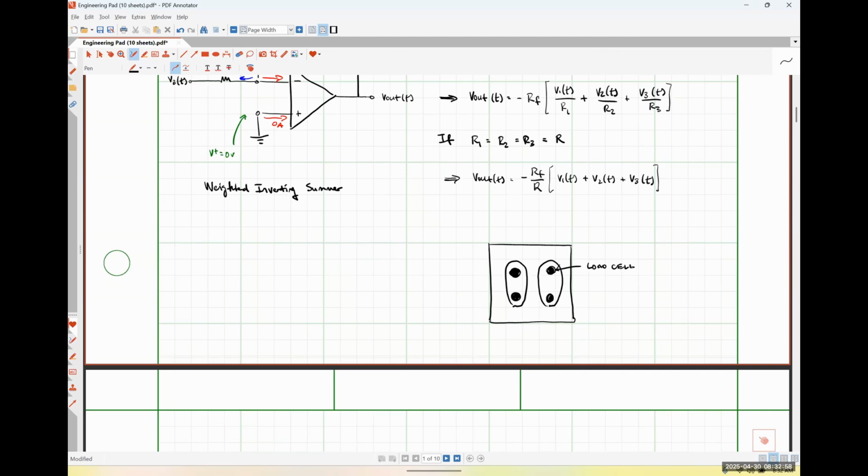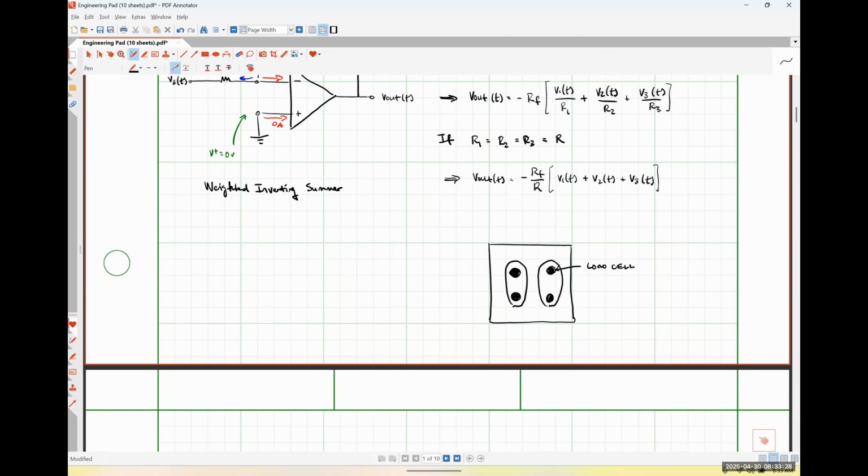So it might generate, let's say, 5 millivolts for every pound that load cell sees. And then I would use that ratio of resistances to scale that appropriately to a particular level. The same principle is actually how the weigh stations that you see when you leave or enter a state work, just on a much, much larger scale. All of this is just a simple application of an op-amp circuit.